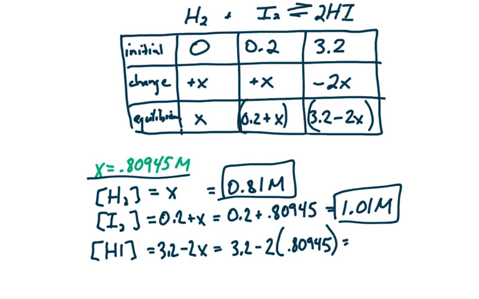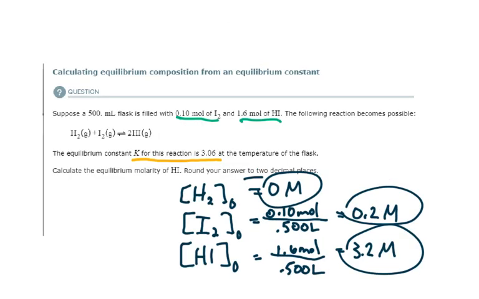So 2 times 0.80945 and 3.2 minus that answer, 1.58 molar. Now they asked us to calculate the equilibrium concentration of HI.